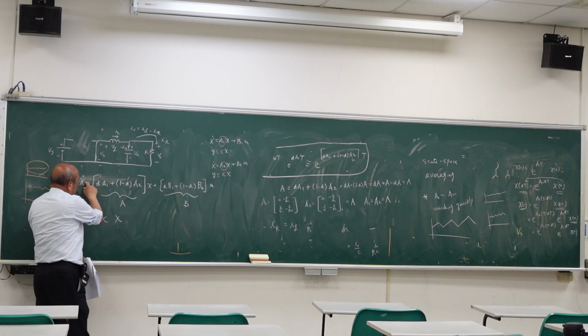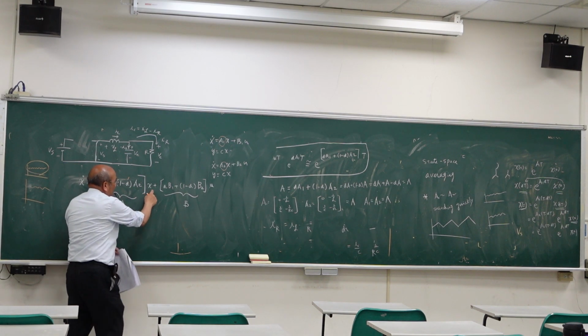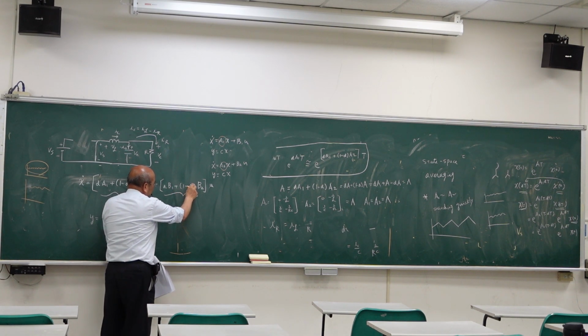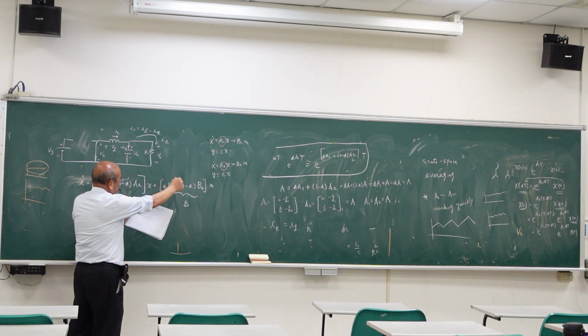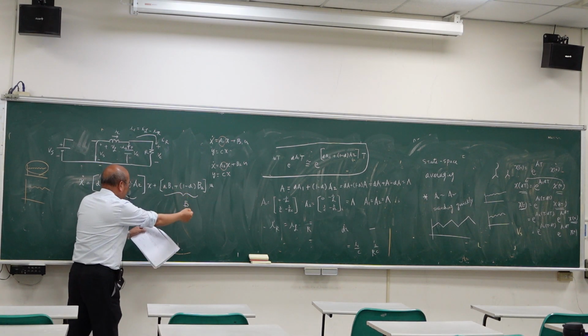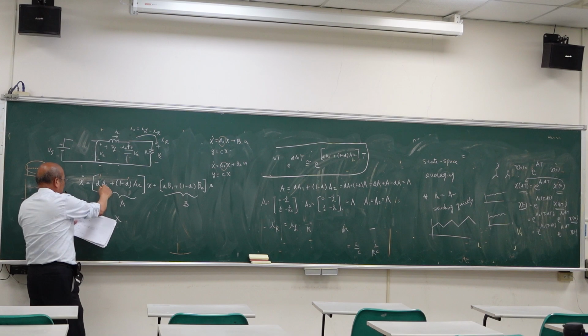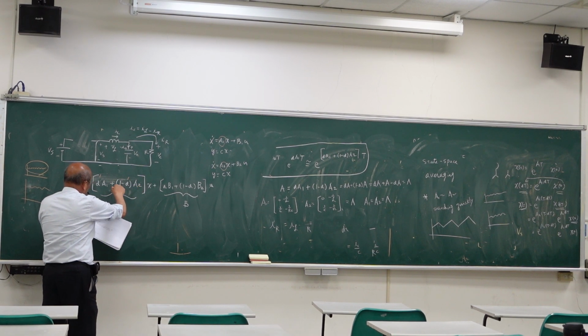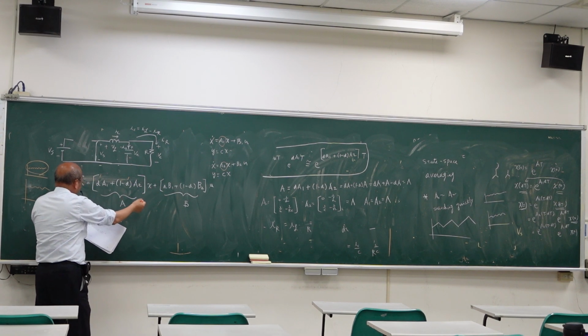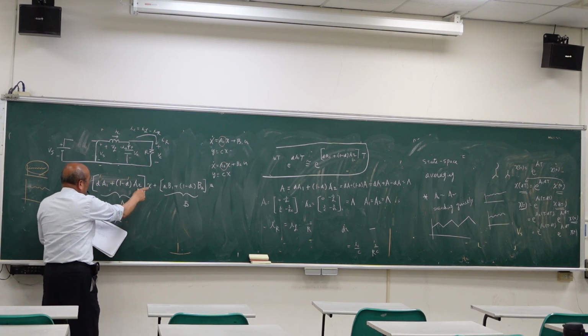Then we have X dot equal to A2X plus B2U. So if D is 1, I can see A1, B1. If D is 0, I can see A2, B2.